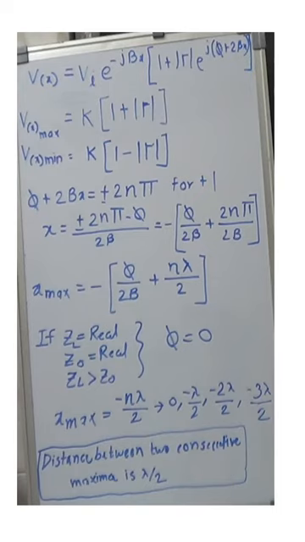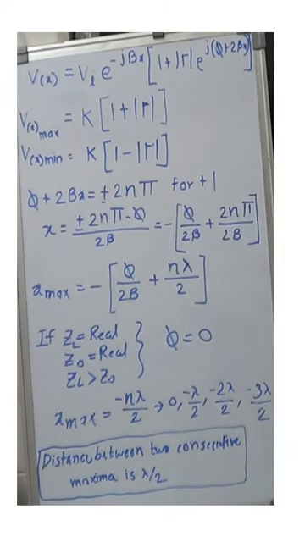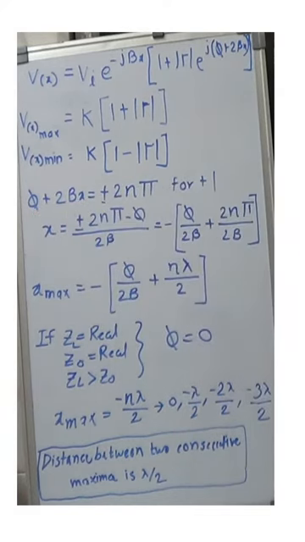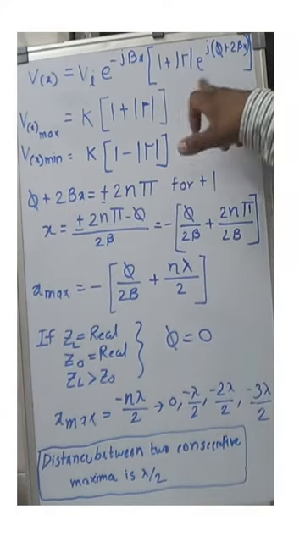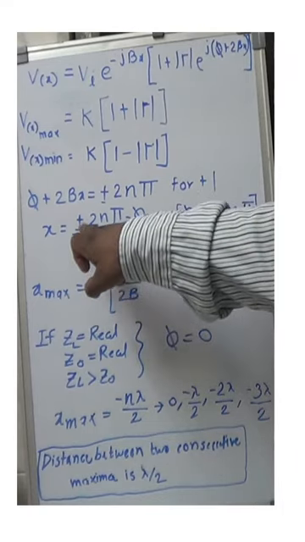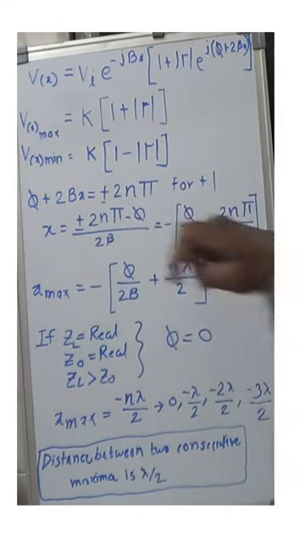Here for phi plus 2 beta x, if you want plus 1, then what is the angle? The angle is plus or minus 2n pi, the angle at which you will get plus 1. So if you solve this equation, phi plus 2 beta x is equal to plus or minus 2n pi, because we want plus 1. Solving it, you will get x is equal to plus 2n pi minus phi divided by 2 beta.